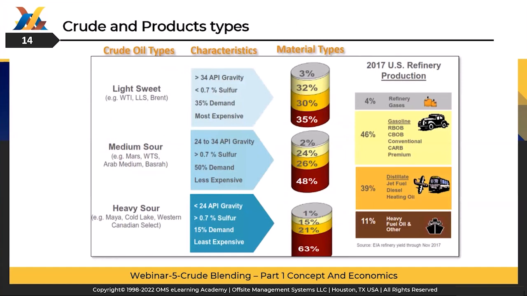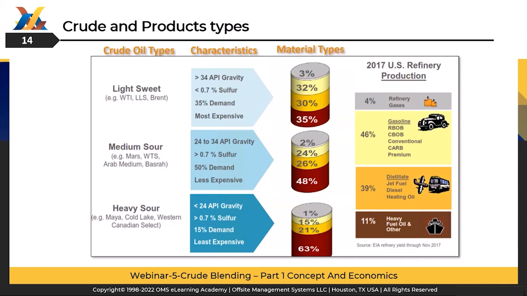So what really matters, whether you have a light crude or a heavy crude? It matters because it governs what type of products can be produced in the refinery and what they can be used for. A light sweet crude, greater than 34% API and less than 0.7% sulfur, is more expensive and has 35% demand, and it produces more gasoline and distillate, like 30 to 33%, and less heavy oil, 35%.